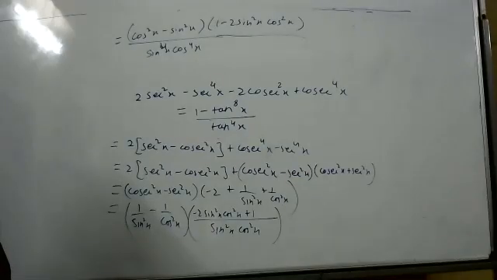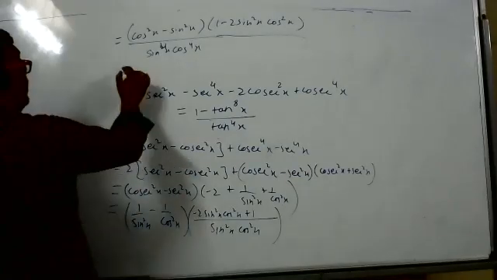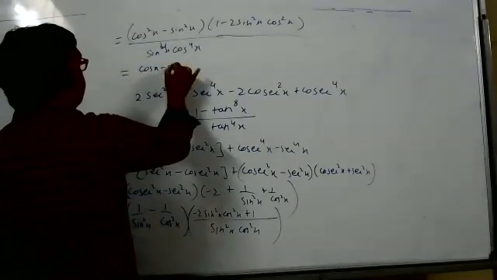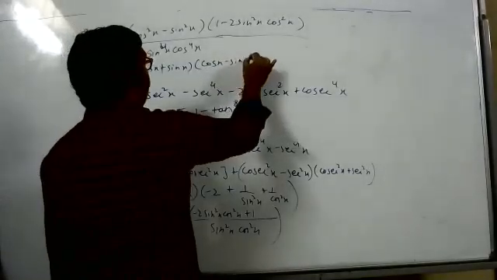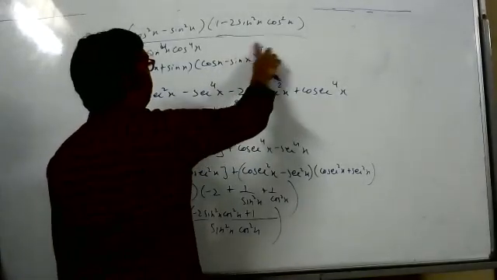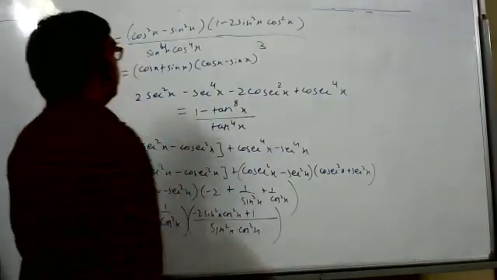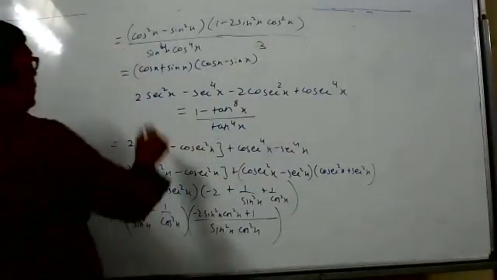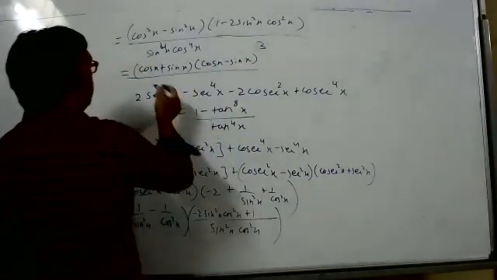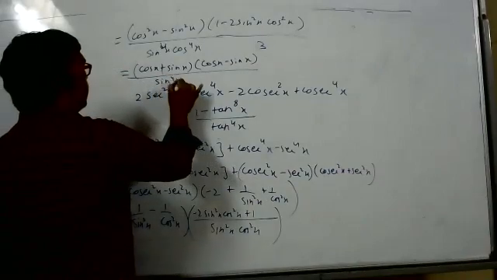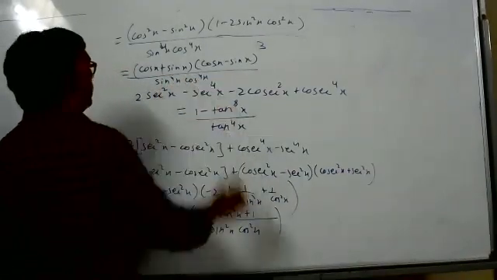Sir, are we even close to the answer? No. So now what can we write? Can we divide it with anything? We can write this as cos x minus sine x to the power 4 to the power 3, over sine to the power 4x cos to the power 4x.